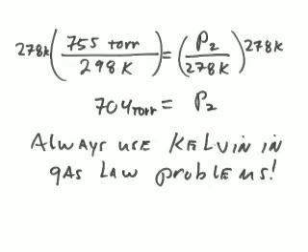Multiply both sides of our equation by 278, and we find out that the final pressure is indeed going to be 704 torr. And this is something you have to keep in mind. Anytime you are doing a gas problem, you have to use absolute temperature. That is, you have to use Kelvin. If you use Celsius or Fahrenheit, you are not going to get the right answer.